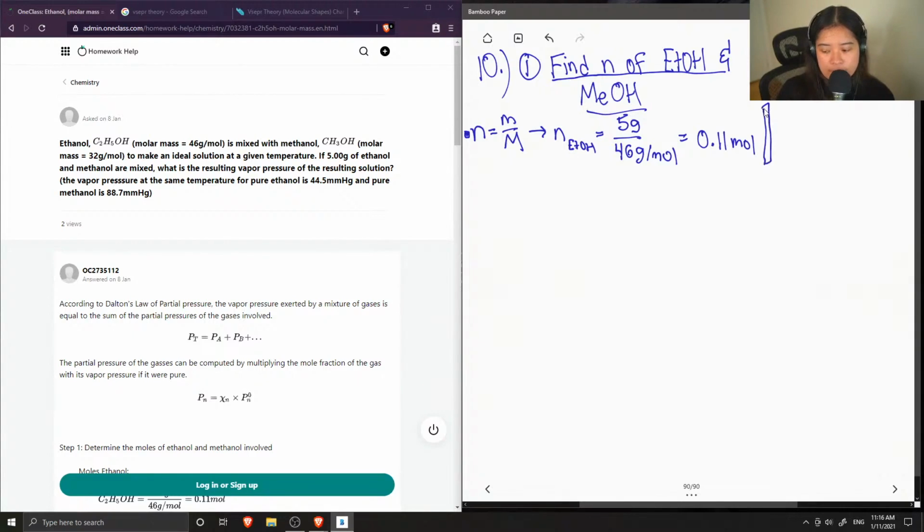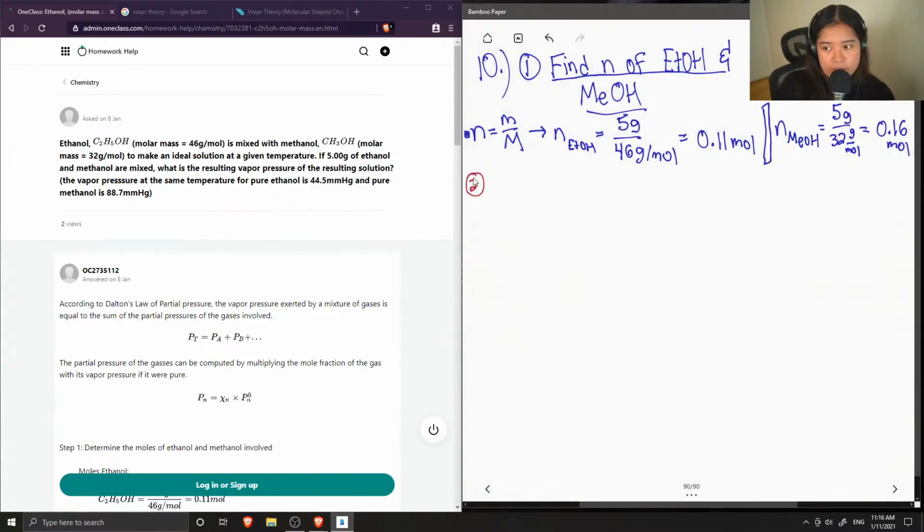Now let's do the same thing for methanol. Number of moles of MEOH is 5 grams divided by 32 grams per mole, which gives us 0.16. Okay, so we found the number of moles for both.